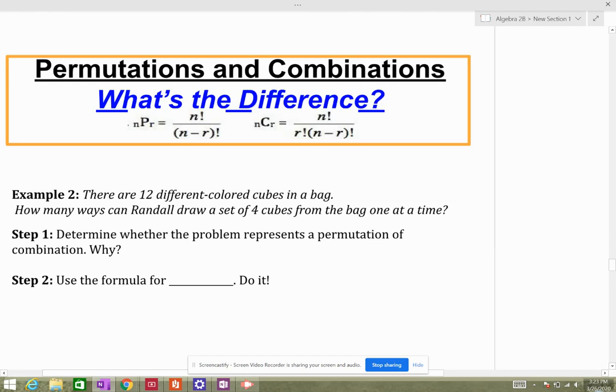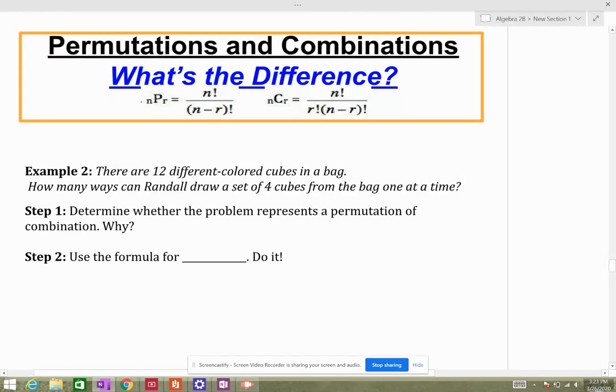All right, so let's try and put it all together. There are 12 different colored cubes in a bag. How many ways can Randall draw a set of 4 cubes from the bag one at a time? So step 1 is I need to figure out whether the problem represents a permutation or a combination. I'm picking 4 cubes from the bag, and I'm trying to just figure out which 4 are going to be selected.